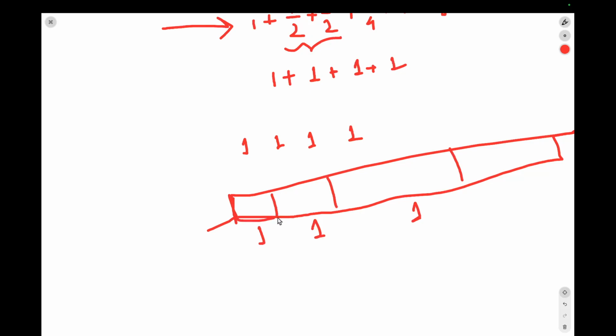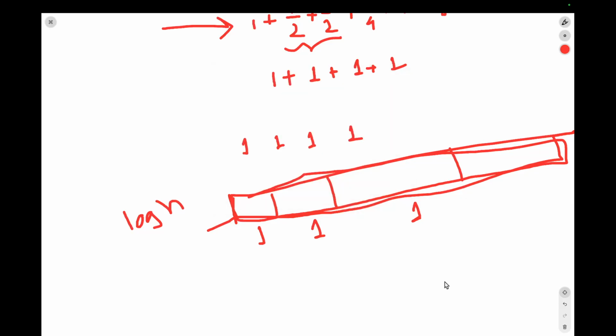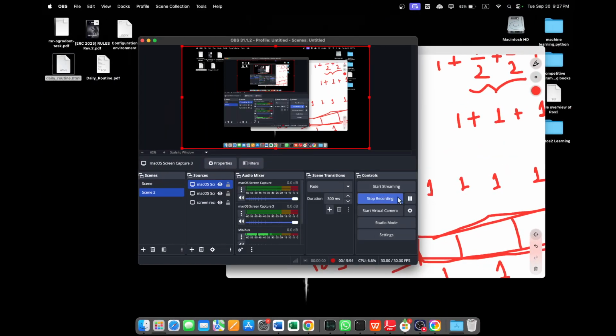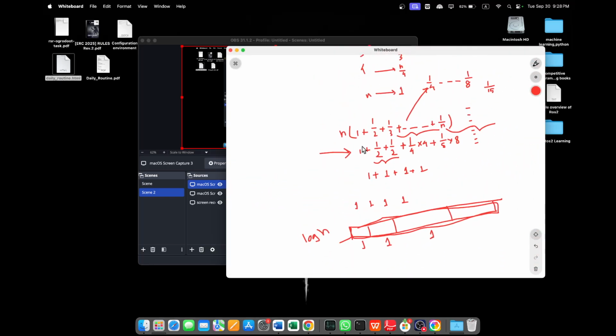How many 1s will we get? That is similar to the log n structure. If the total number is n, the number of 1s we get is log n. So the overall complexity is log n times n, that is n log n.